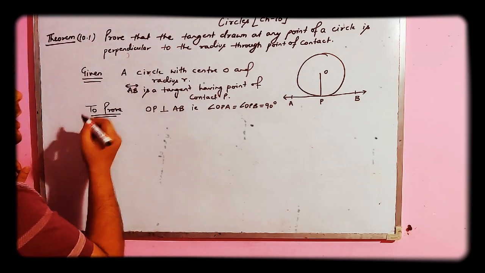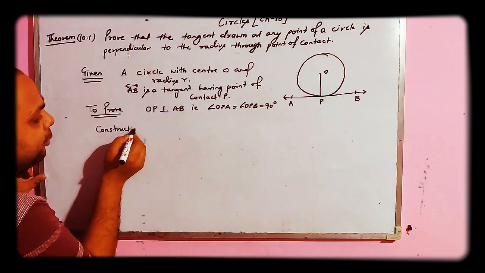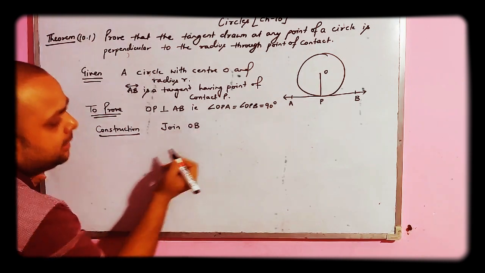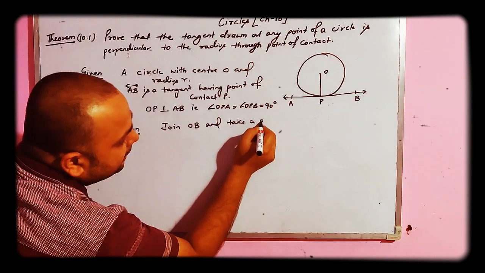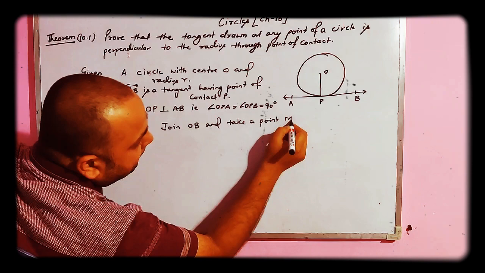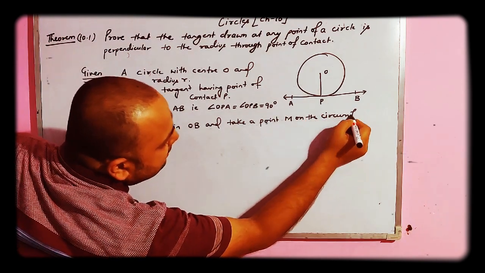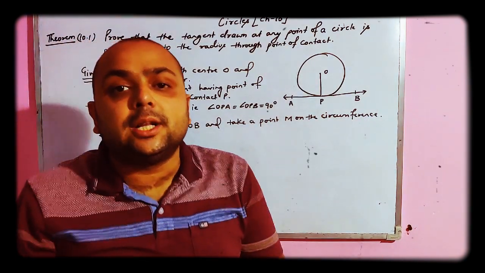Now for this proof we need to do a construction. What I am going to do here is join OB and take a point M on the circumference. The boundary of the circle is called the circumference.